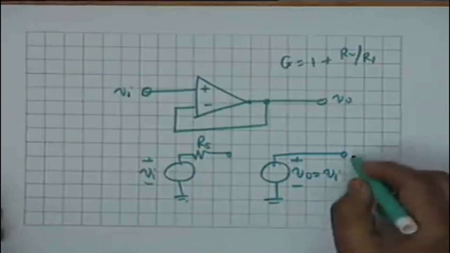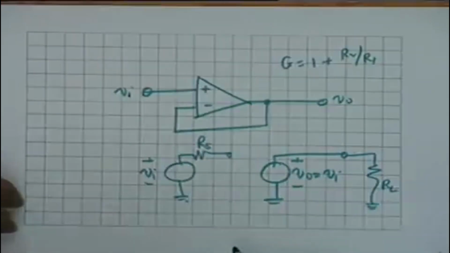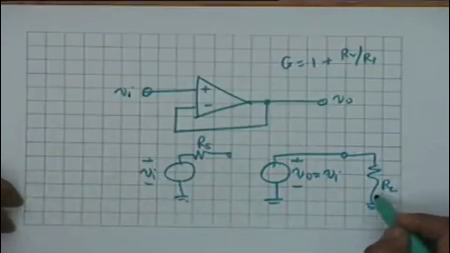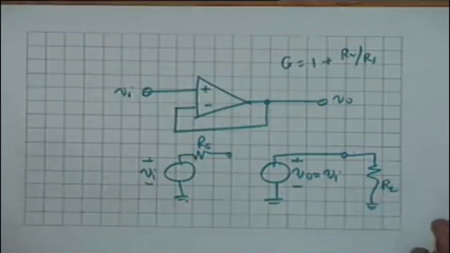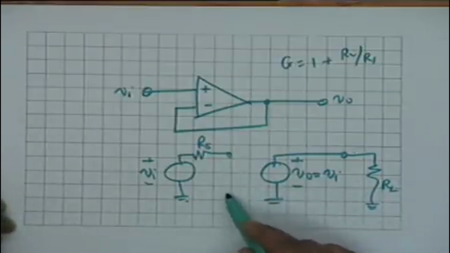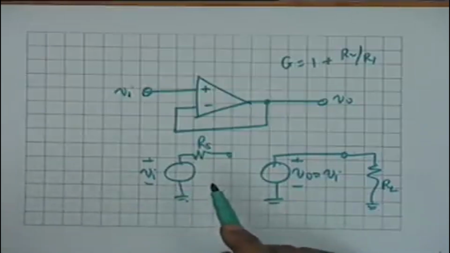Now you see that if I connect a load RL here, then the current in the load would be Vi divided by RL. On the other hand, if I had connected it directly here, the current would have been Vi divided by Rs plus RL.